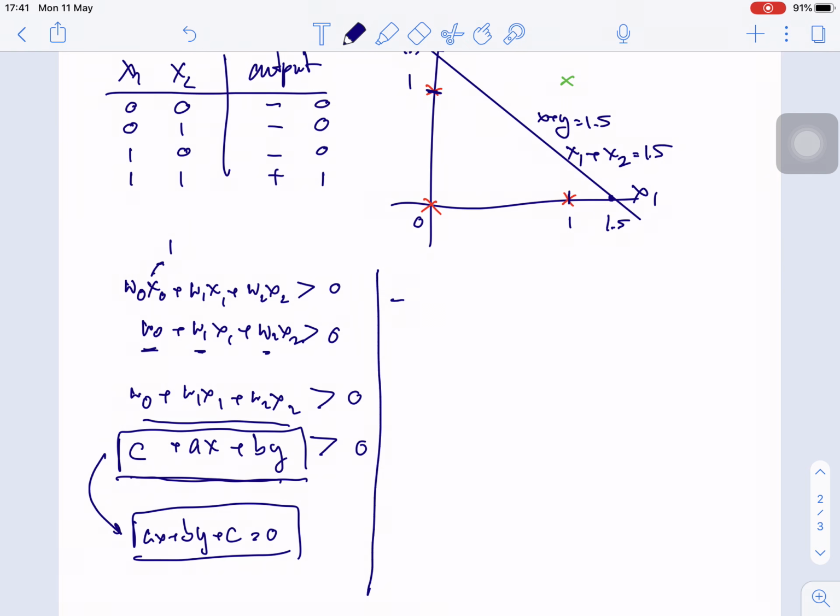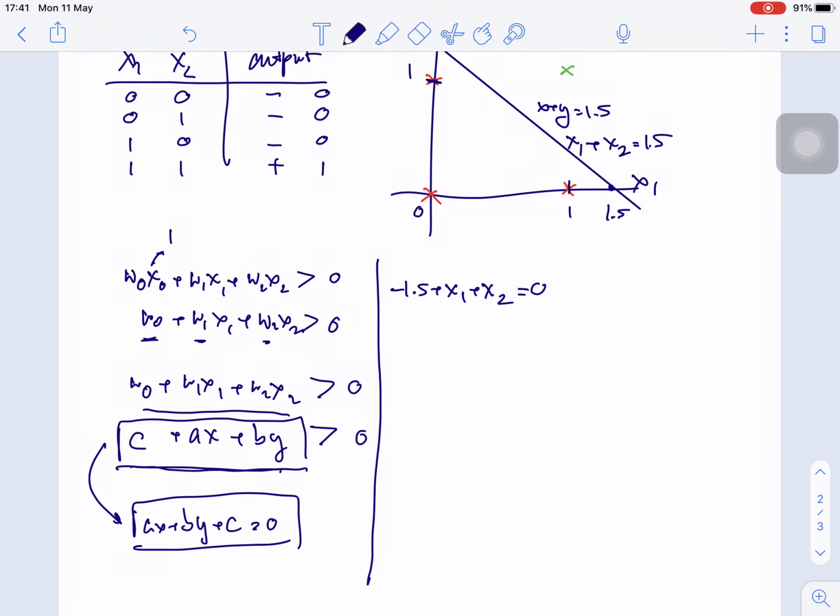So that is minus 1.5 plus x1 plus x2 equals 0, right? And the same way, 1.5 minus x1 minus x2 is 0, right? But the way that you have to compare is you will check that the summation of all terms is greater than 0 or not. So let's check.